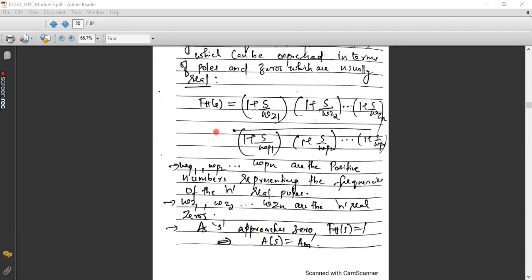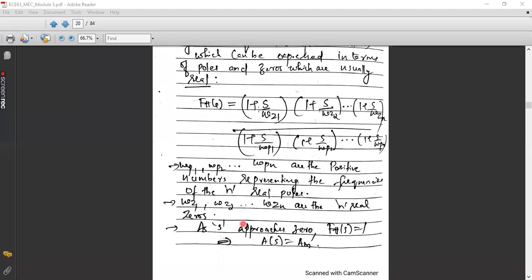So from this, you can see that whenever s is very low, that is, your frequency is very low, you can discard this particular term, s by omega z1. That is when s approaches zero. Zero frequency means it is a pure DC signal.